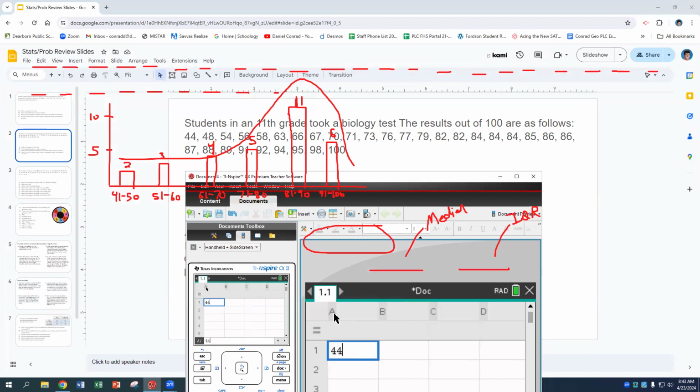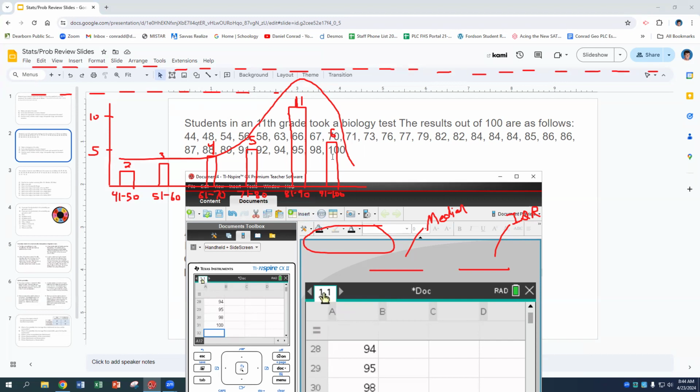We got 44, 48, 54, 56, 58, 63, 66, 67, 70, 71, 73, 76, 77, 79, 82, 82, 84, 84, 84, 85, 86, 86, 87, 88, 89, 91, 92, 94, 95, 98, and 100.